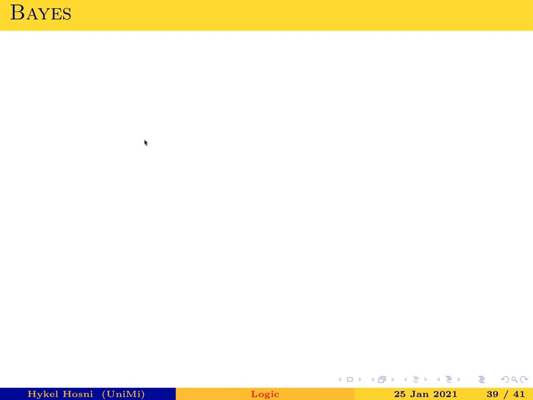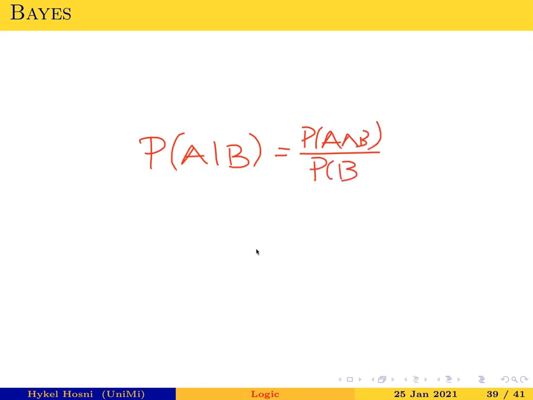So I just gave myself space here. Bayes' theorem is just the obvious consequence of the fact that conjunction is commutative. So A and B given B, right? So you can actually obtain this.